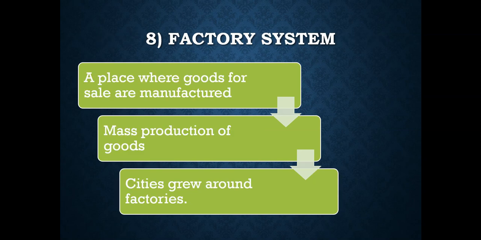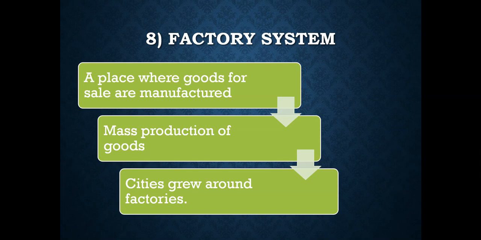And the eighth factor that led to Great Britain being a dominant force, the mother of the Industrial Revolution, is the factory system. This is really important because the factory system was a place where goods for sale were manufactured, but not like before, where you took your time to put something together.